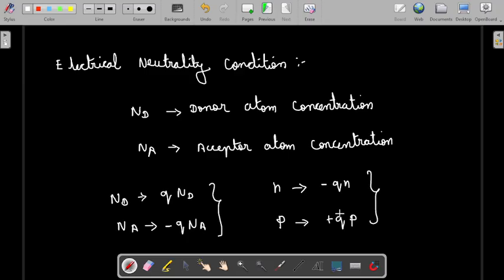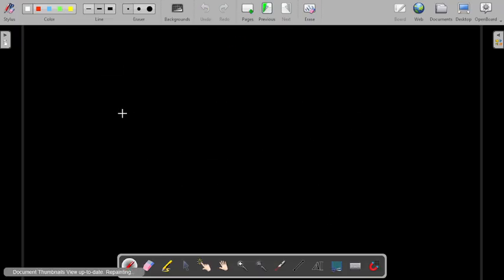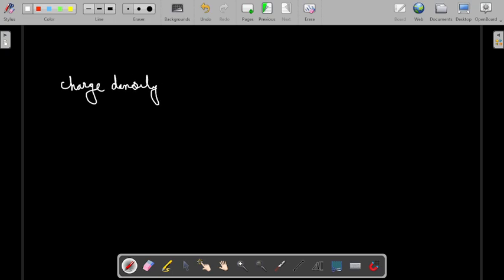In ideal real scenarios, let's take a PN junction diode. Then the charge density can be defined as rho v, which is equal to Q Nd minus Q Na plus Qp minus Qn.